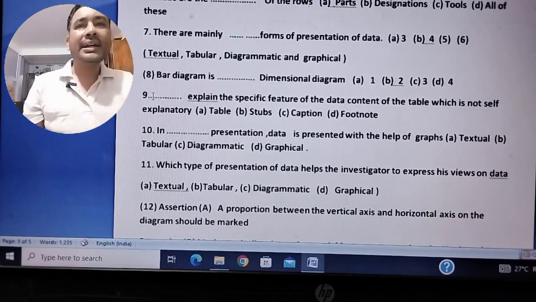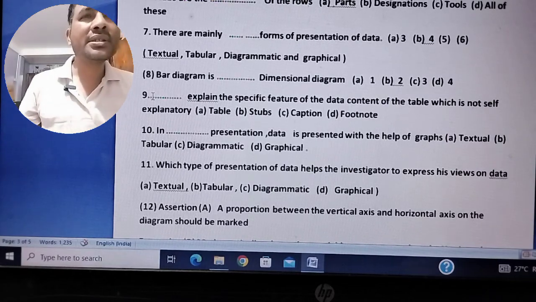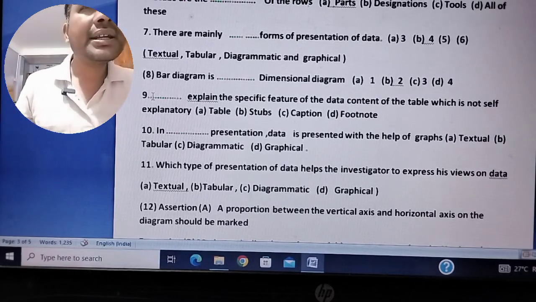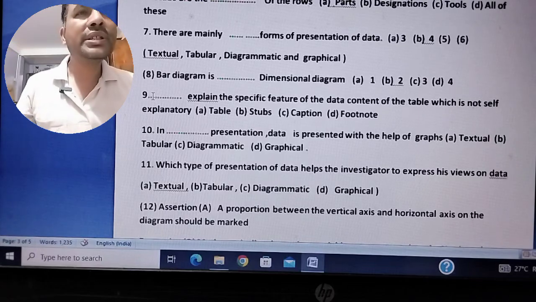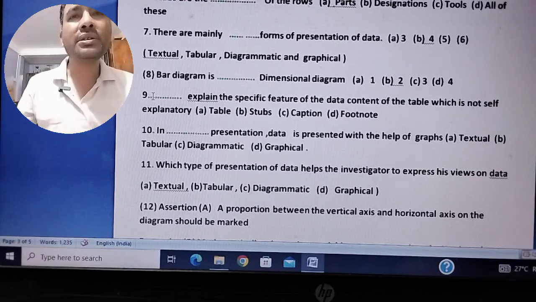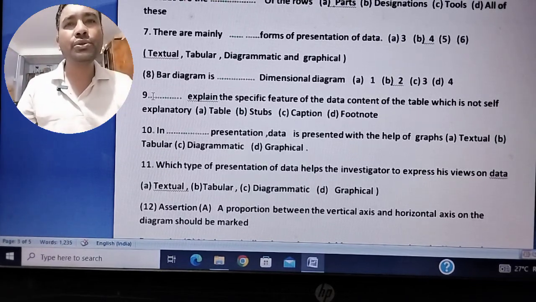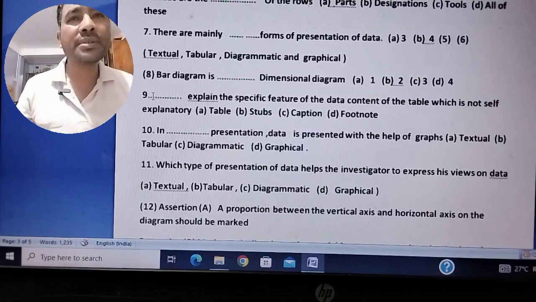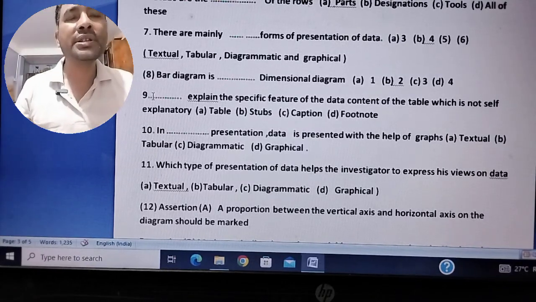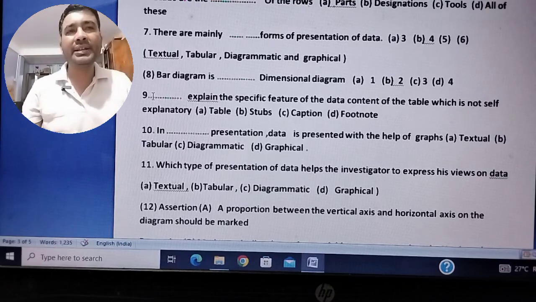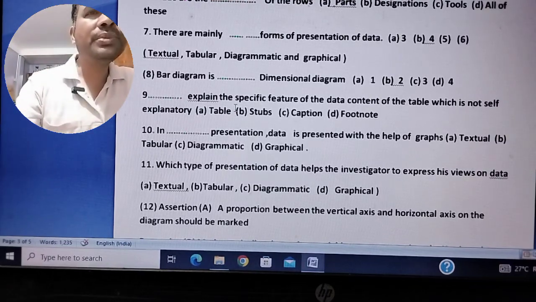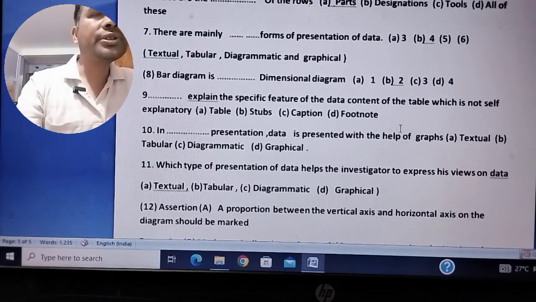And number 9, dash explain the specific features of the data content of the table which is not self-explanatory, because the table should be enough to contain all the explanations. So sometimes when explanation is not given in the table in detail, then it should be given in the footnote. Okay, in the footnote the clear total explanation should be given.